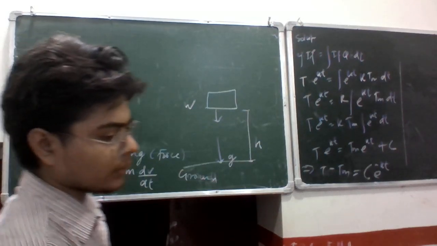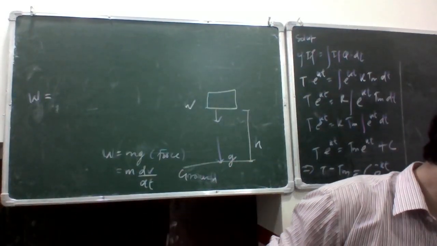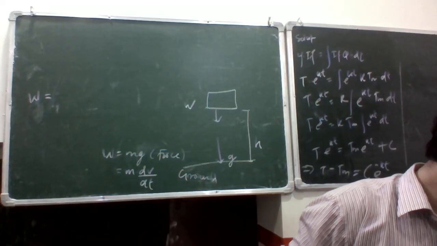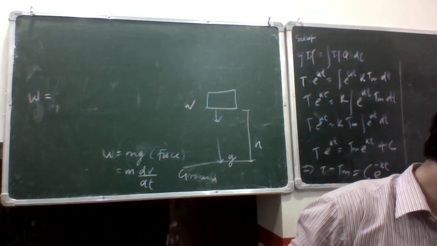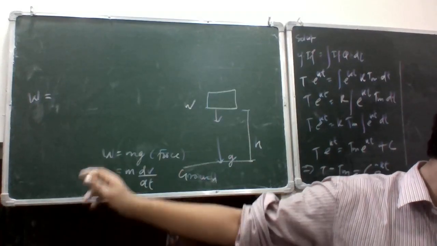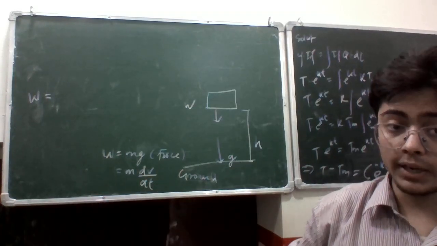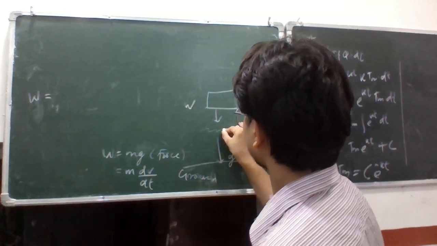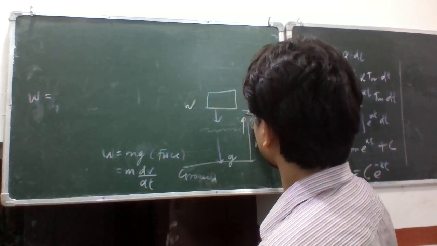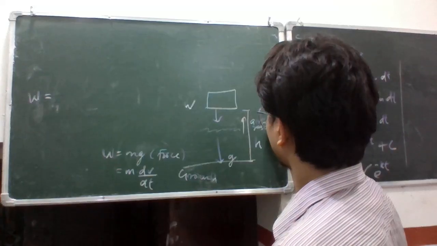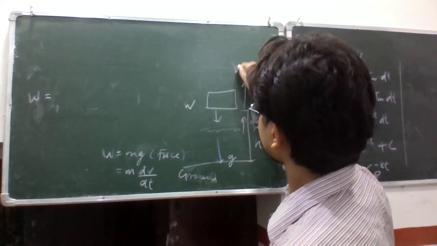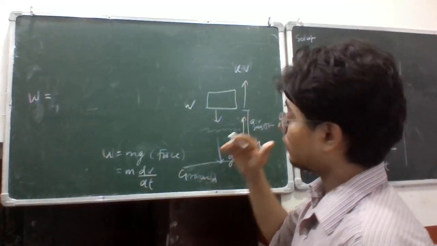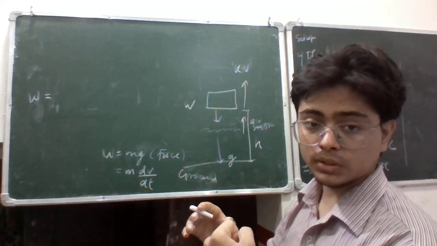We can think of a body that is falling, but there is air resistance. Let's suppose the air resistance to be k times v, that is opposing the pulling force due to gravity.